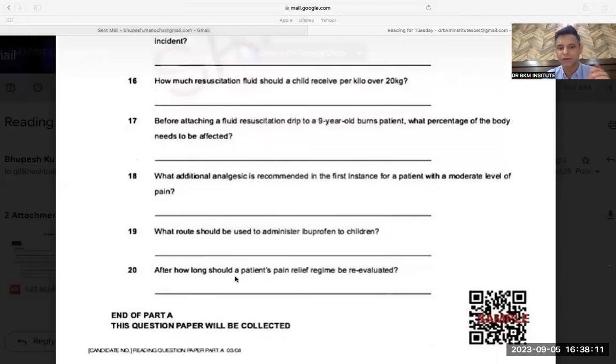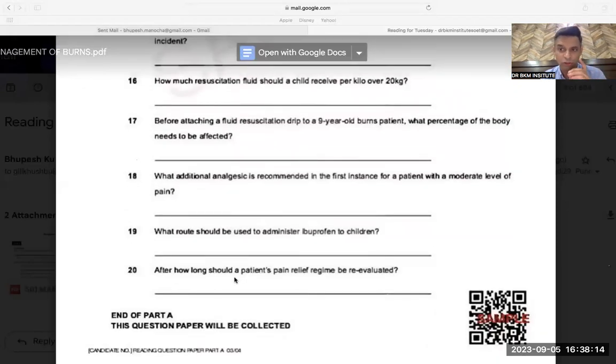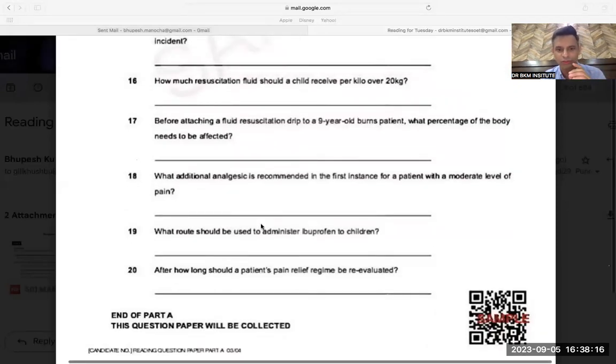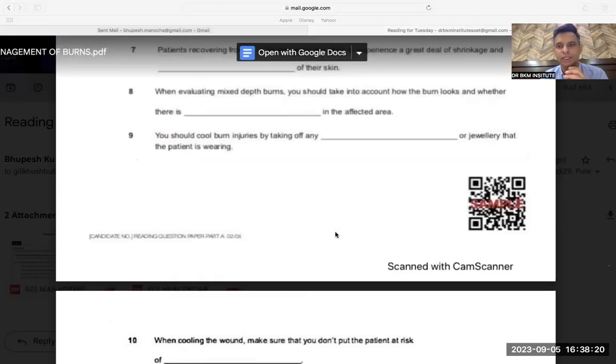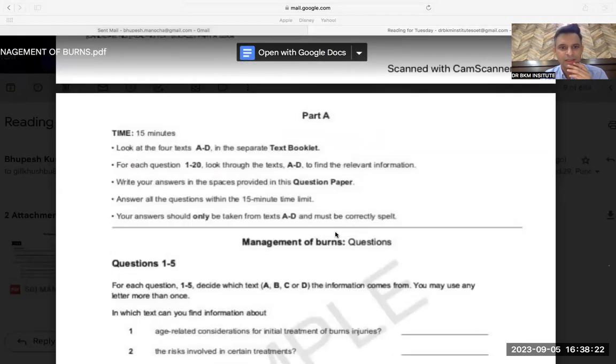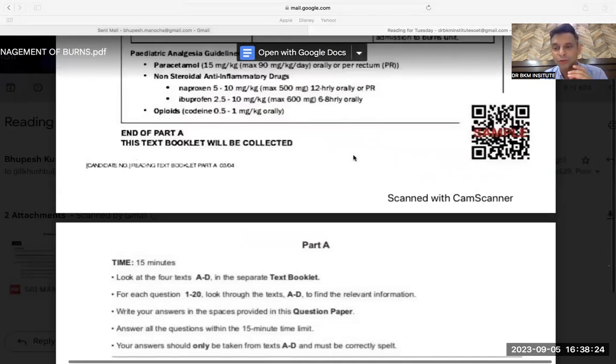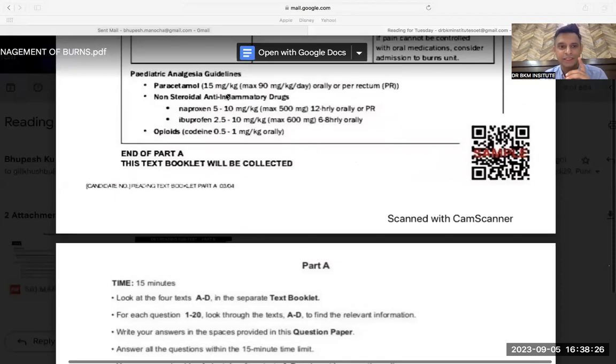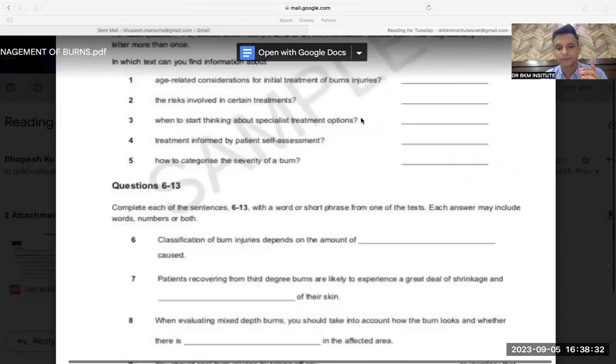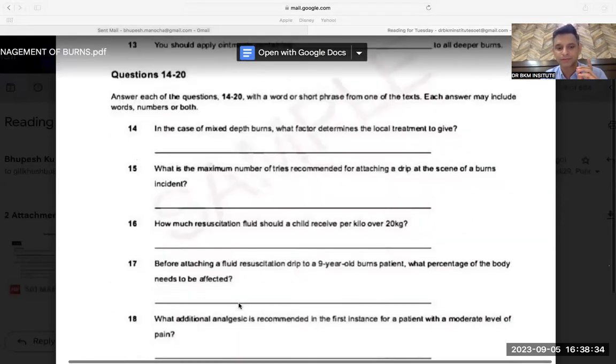And you will see the 19th and 20th questions should be comparatively easy. What route should be used to administer ibuprofen to children? In part A, the last 2 or 3 questions would always be easy. So pediatric, ibuprofen, oral route. See, it's an easy question.